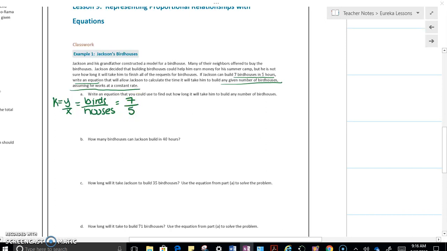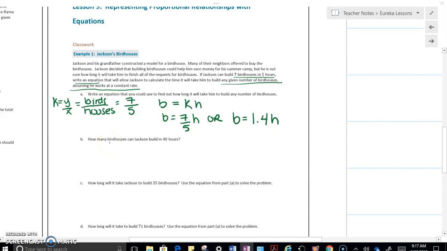And you can either leave it as a fraction, so you'll end up with the equation b, because b is y, is equal to k h. You can use either b is equal to 7/5 h, or I like to not work with fractions as much as possible. So b is equal to 1.4h.